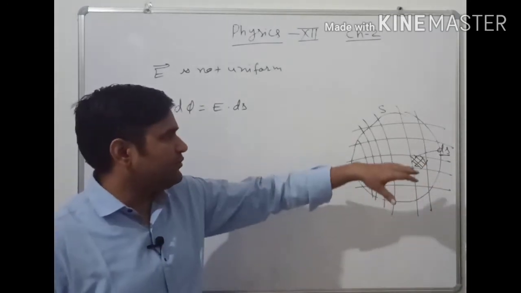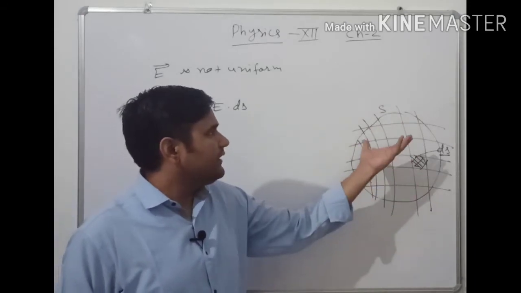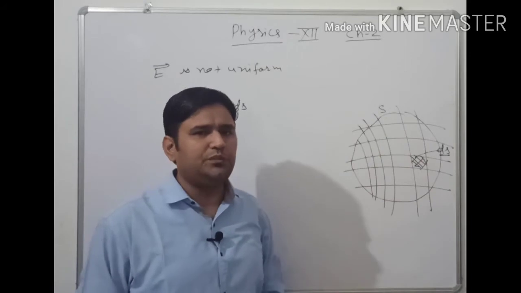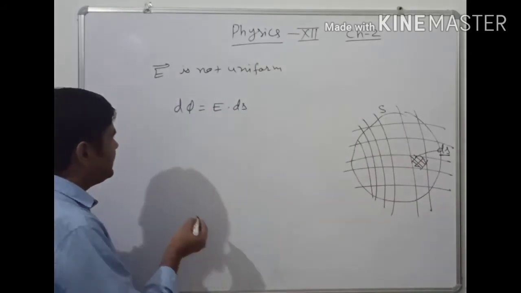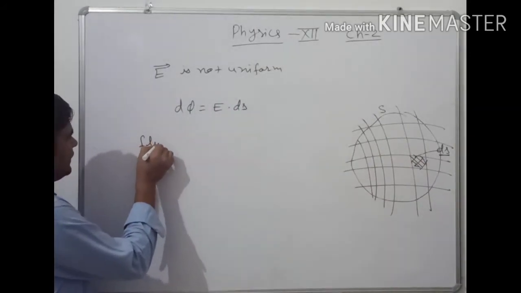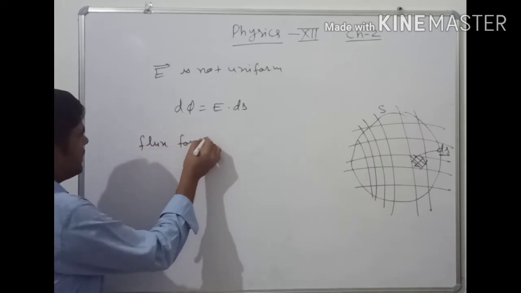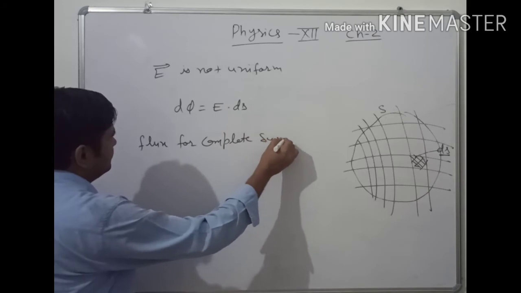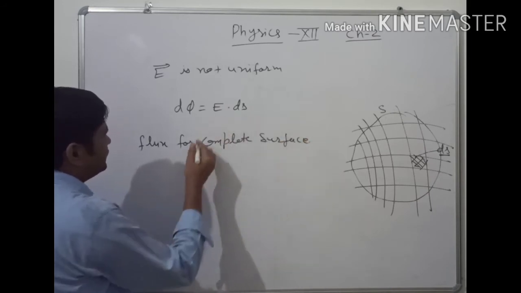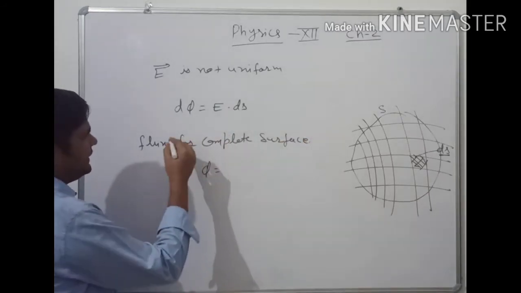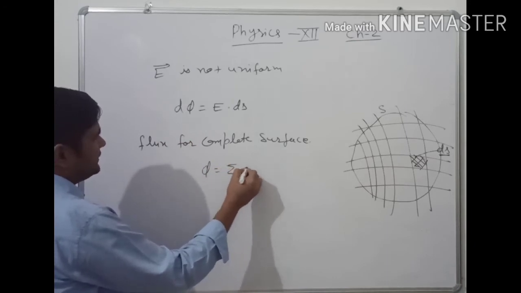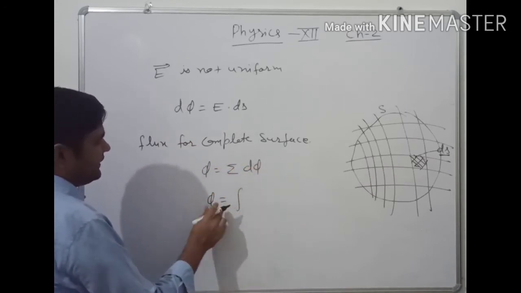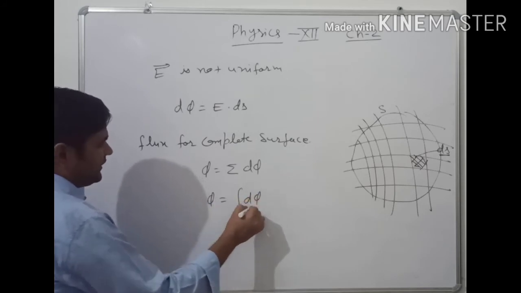To conclude the entire electric flux due to the entire surface, we have two formulations. The electric flux for the complete surface is in terms of phi. We have the formulation in terms of d phi, or the other formulation, the linear integral in terms of d phi.